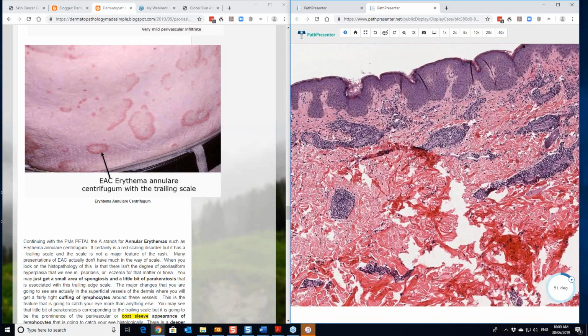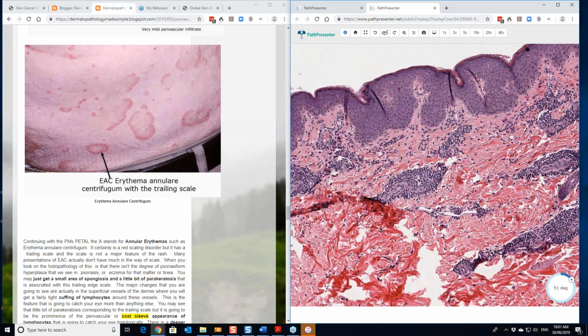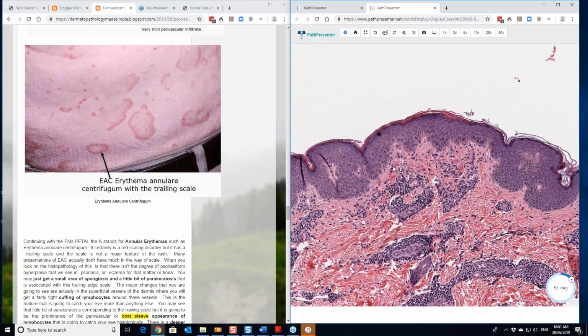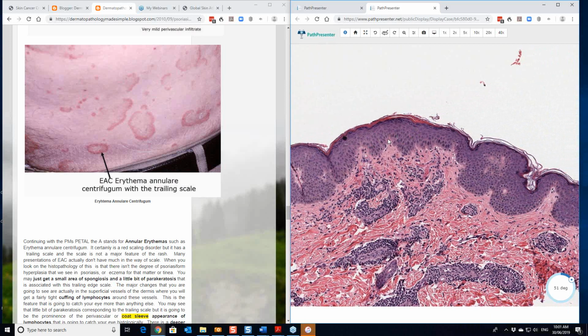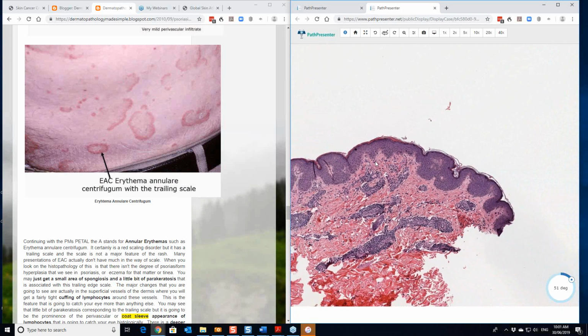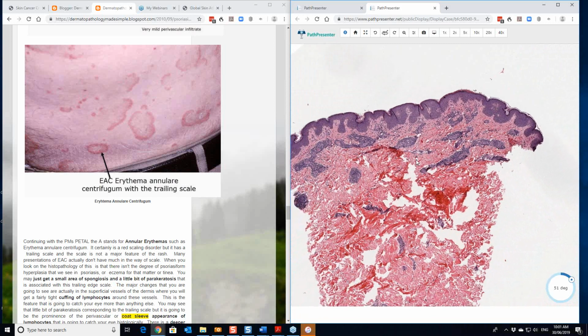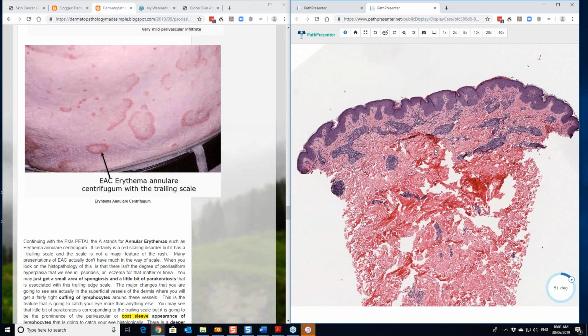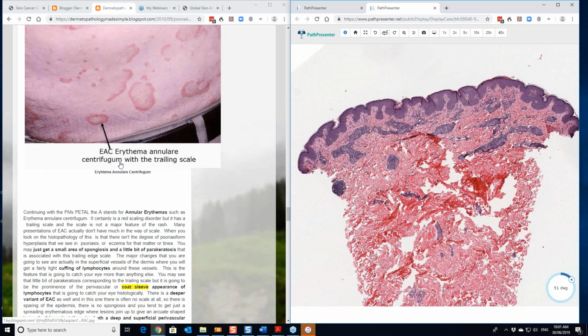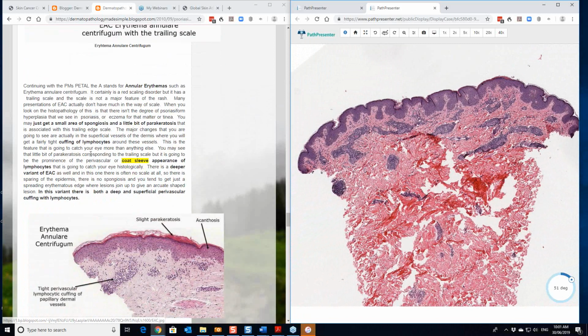Now, some cases will show more spongiosis than this one's showing. Usually the spongiosis will be in the area where the overlying parakeratosis is, because it's the spongiosis, the change in the epidermis, that stimulates the formation of the keratin. Let's have a little look at what we've said here.